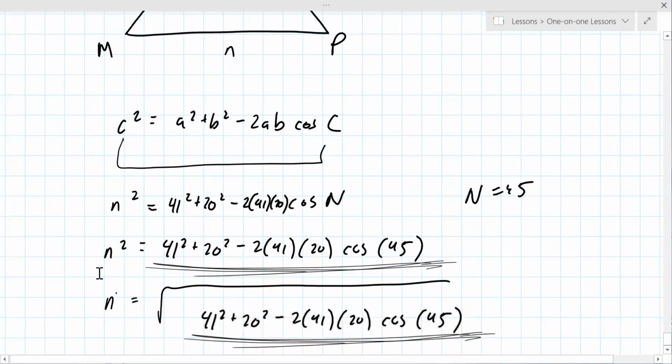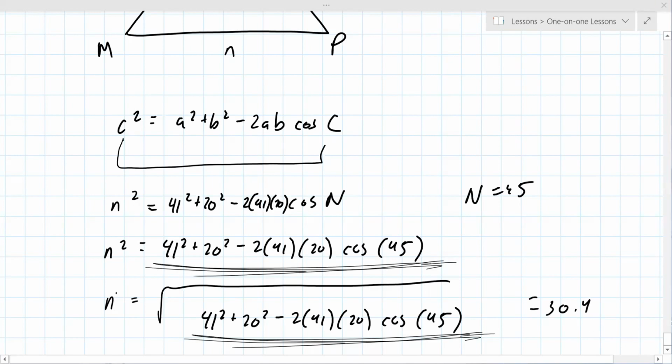A lot of students are uncomfortable putting all this in their calculator, but your calculator can absolutely handle all this. It's designed for much more challenging calculations, but we sometimes forget that. So I get n is about 30.4. Yeah, that's what I got.